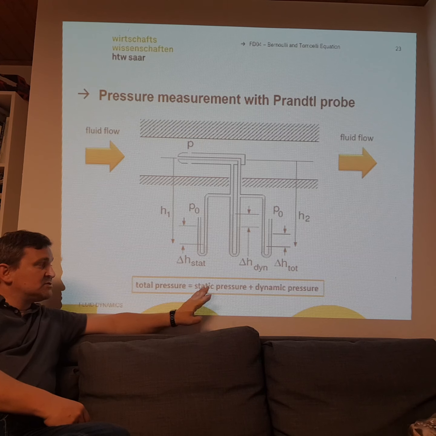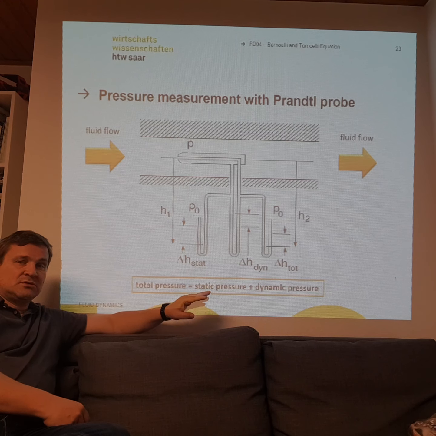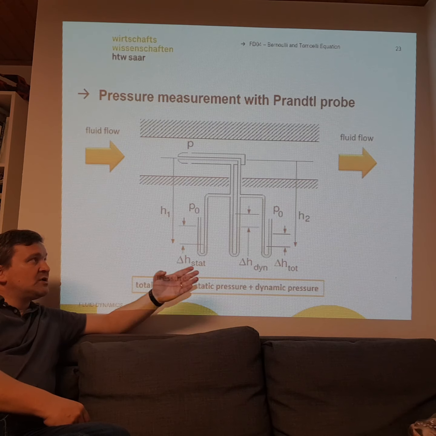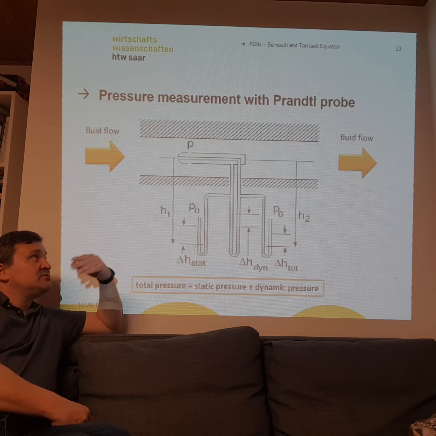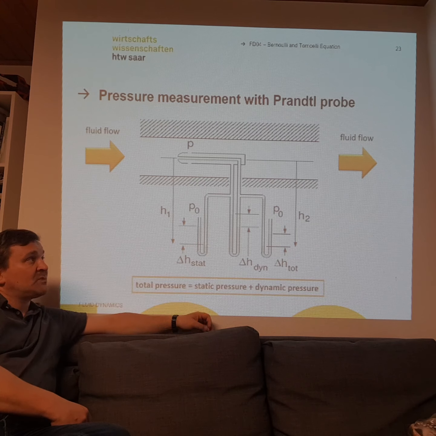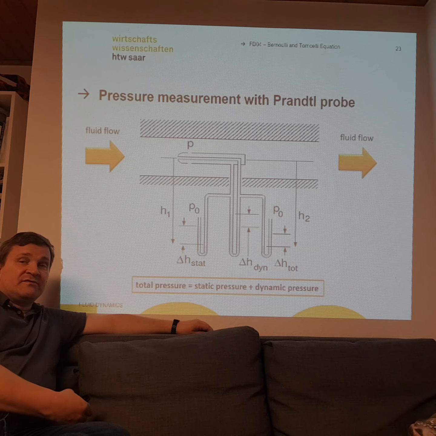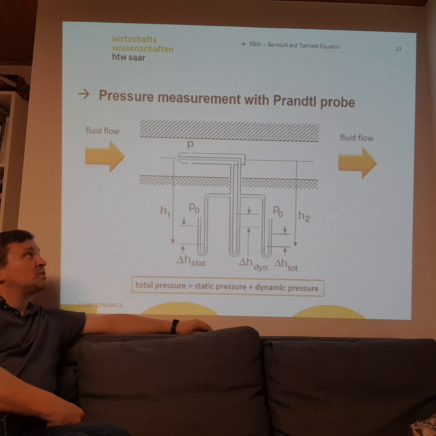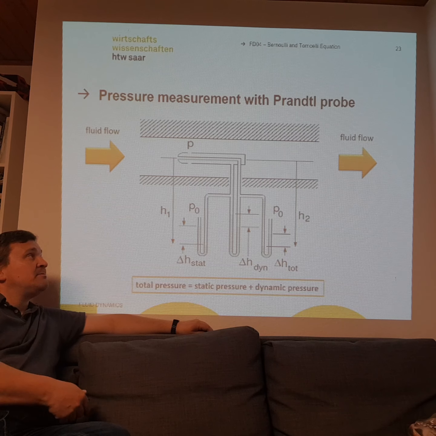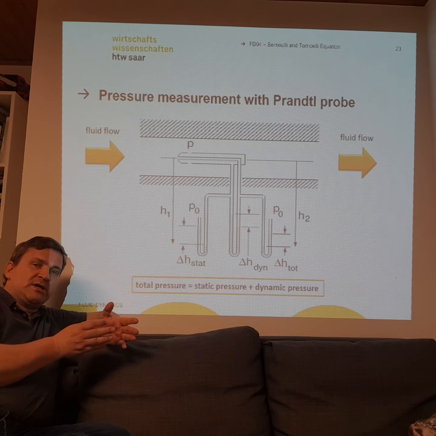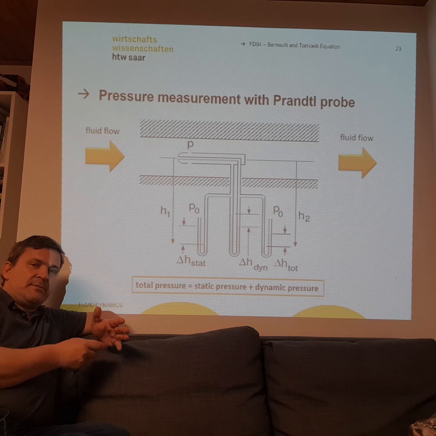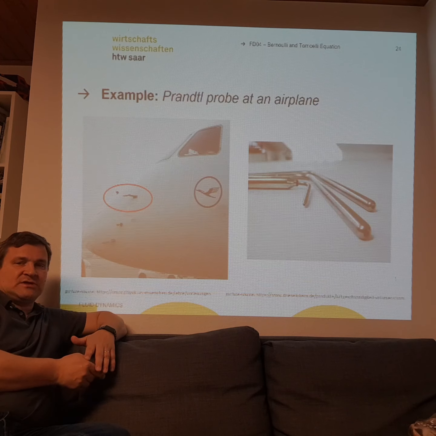And from this static pressure and dynamic pressure difference, you can calculate back to the velocity. So you can use this probe to measure fluid velocities, mainly of air. Maybe you noticed these tubes at the side of an airplane. They're used on airplanes to measure fluid velocity.